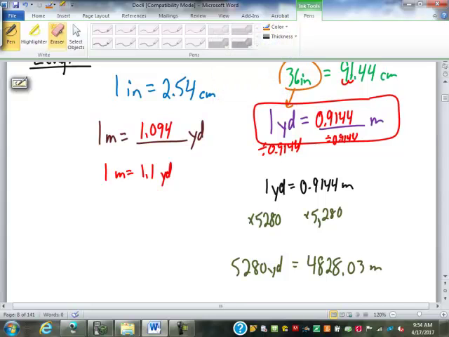I multiplied by the wrong number there, didn't I? What should I have multiplied by? 5,280 feet in a mile, not yards. 1,760 yards.